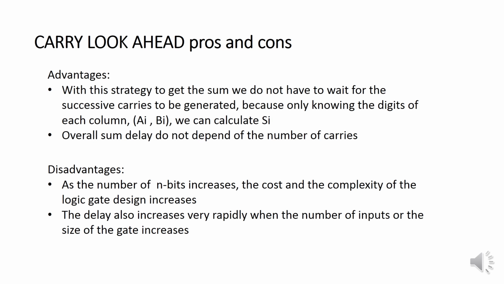So, in this slide, you can find together the advantages and the disadvantages. One main problem is that if we look at the equations, as the number of n increases, the complexity of the carry look ahead equations will go on increasing. So, the number of gates will also increase and it will become increasingly difficult and costly to implement the function. So, let's try to design the 16-bit adder and see what we can do.